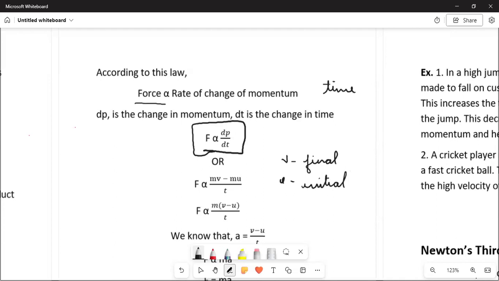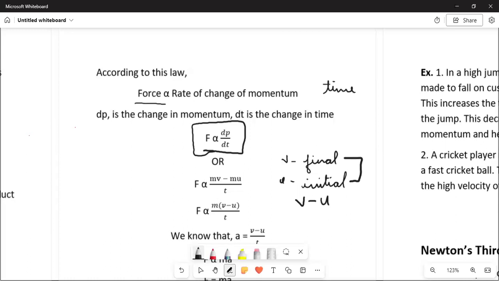Whenever we calculate the change in anything, we always subtract the initial from the final, so we do V minus U, the final minus the initial value.